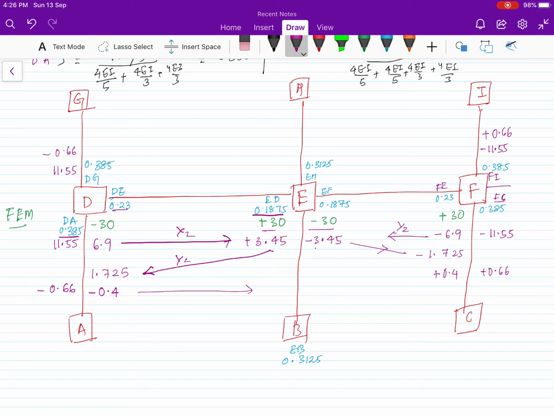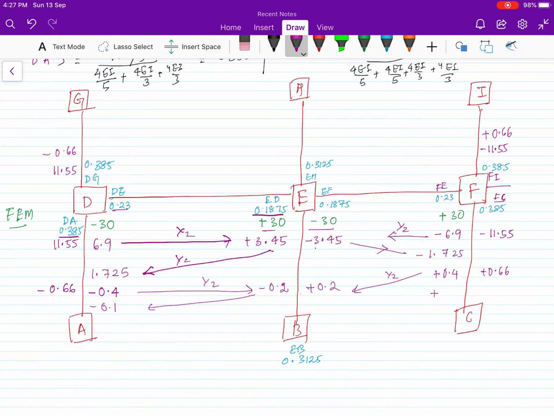Now again half will go here. So we are going to do this till a small value is going to come. So minus 0.2 here, and here it will come plus 0.2 from here, half carry over. Okay, so minus 0.2 half again coming to this, because again at point E there is no unbalanced moment, so it's 0, so 0.1.